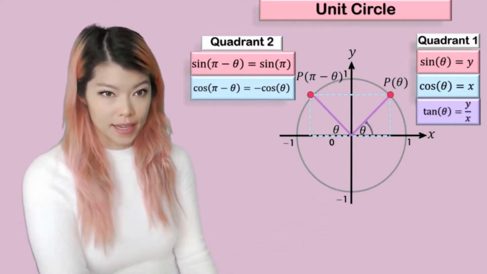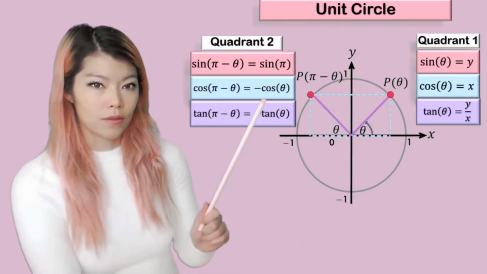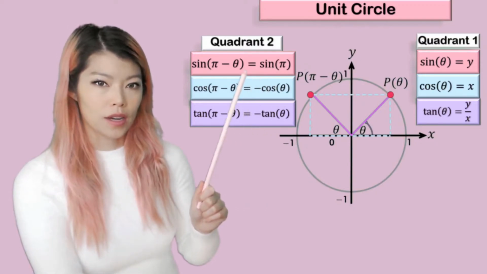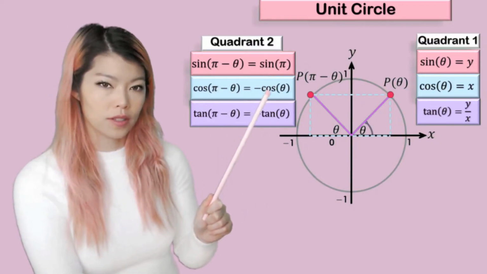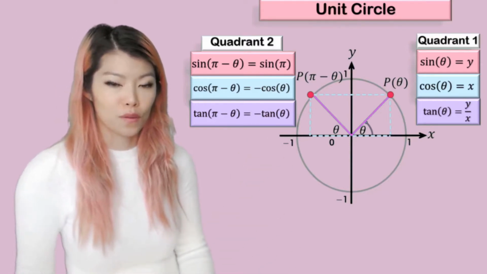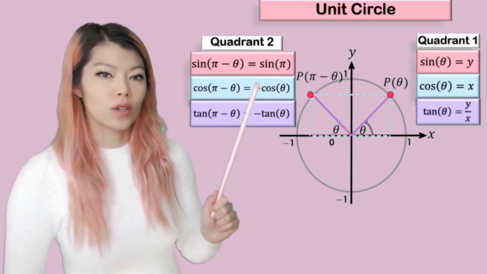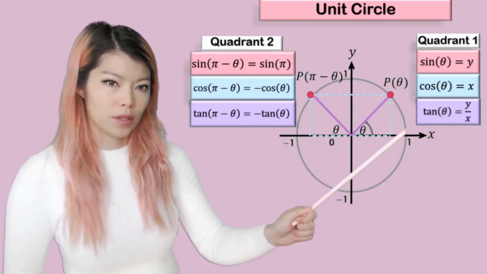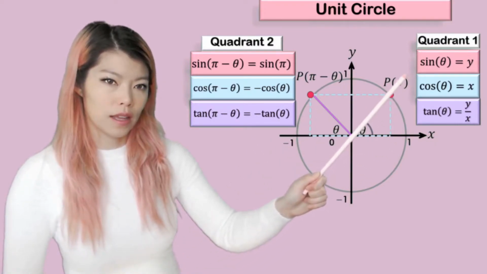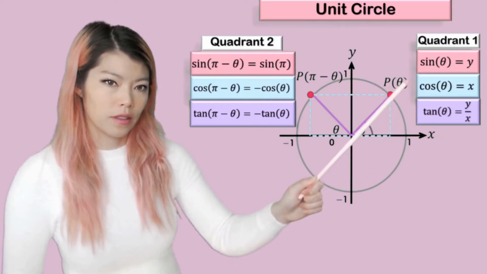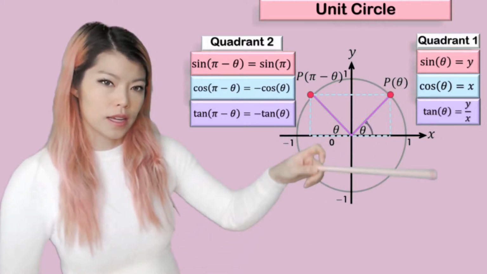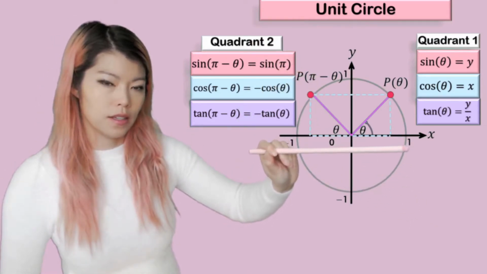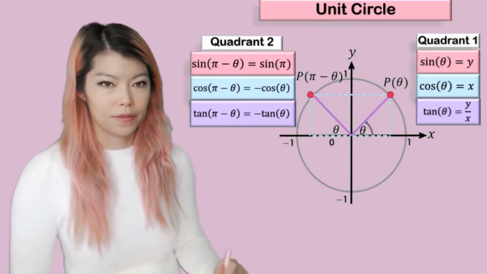It also makes sense if we look at tan as y over x, because tan is sine over cos, so sine is positive and cos is negative, then tan has to be negative. Either way, tan is negative over here, and the value would be the same. So tan over here would look like that distance there, whereas tan over here would look like that distance there. Same distance, but negative.